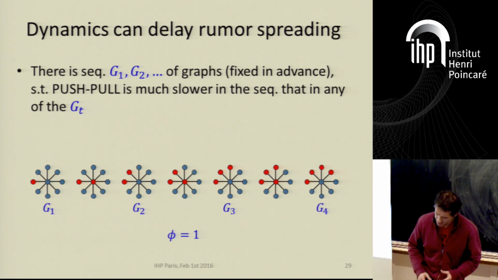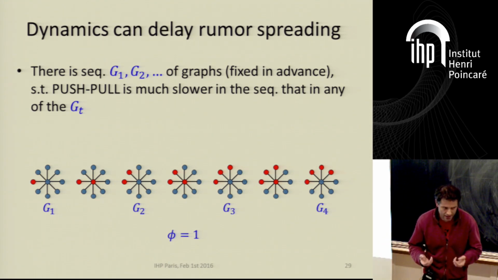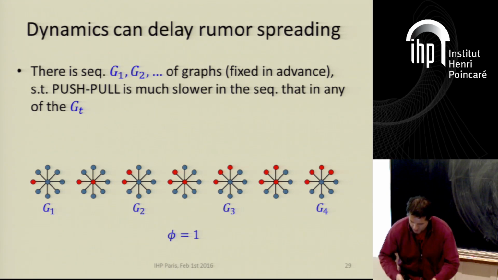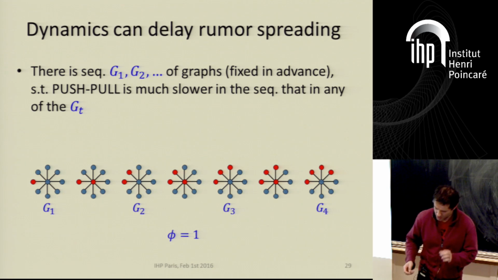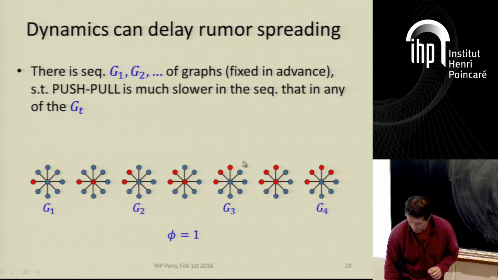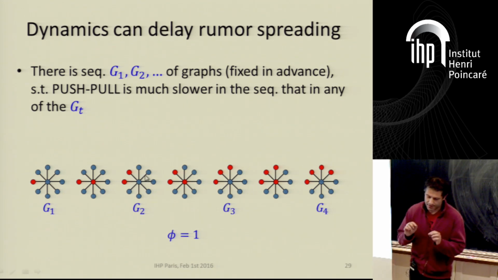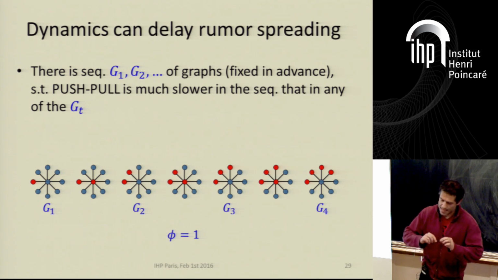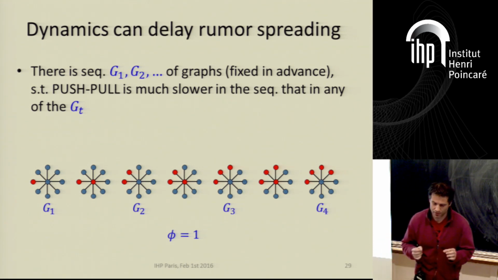So it was not clear, at least at the beginning, under what conditions these bounds extend. So what we observed is that the reason we have this phenomenon here is that the degree of a node may change drastically between rounds.